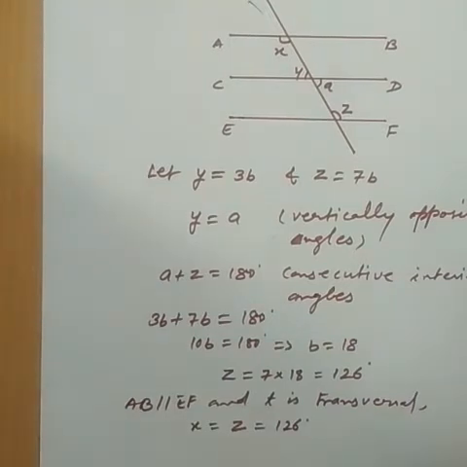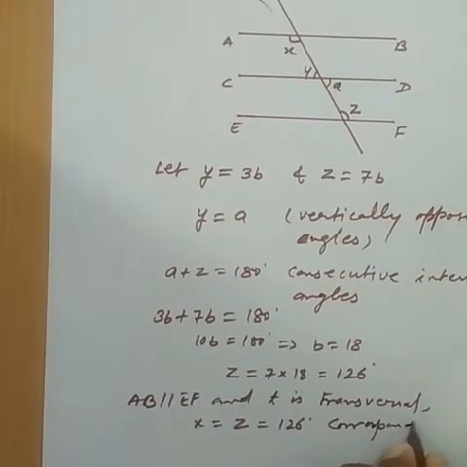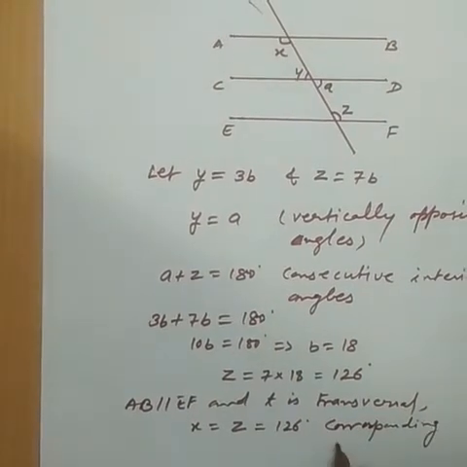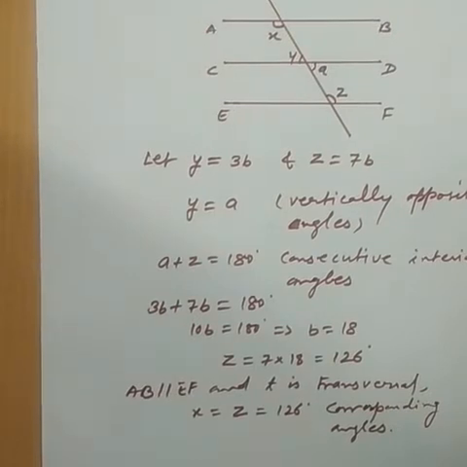So X equal to Z and both are equal to 126 degrees. Its reason is corresponding angles. So finally the value of X is 126 degrees.